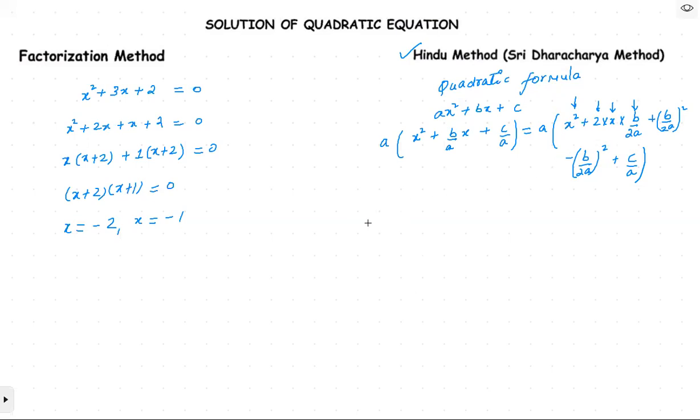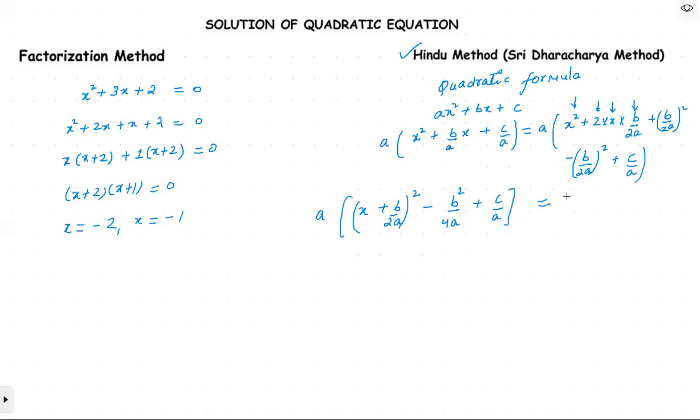Now we are having a into (x plus b by 2a) whole squared, and in the bracket we have minus b squared by 4a squared plus c by a.